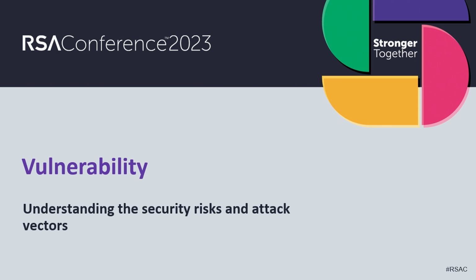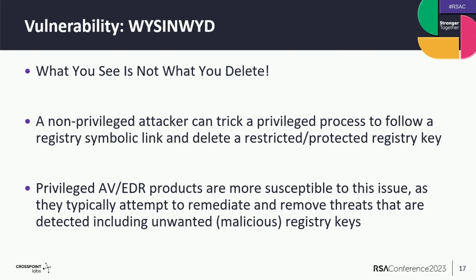Now we understand that deleting a registry link can result in deleting the target, but how does that become a vulnerability? So the vulnerability, as I'm phrasing it here, is: what you see is not what you delete. Basically, it's a situation that creates a mismatch between what a programmer intends and what is actually deleted by Windows.